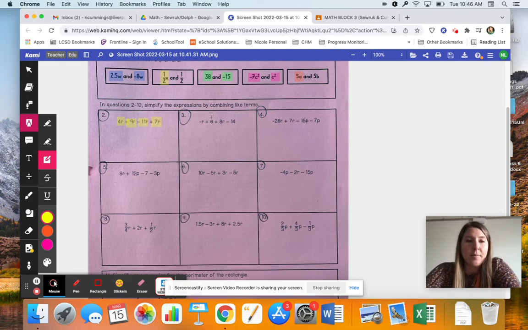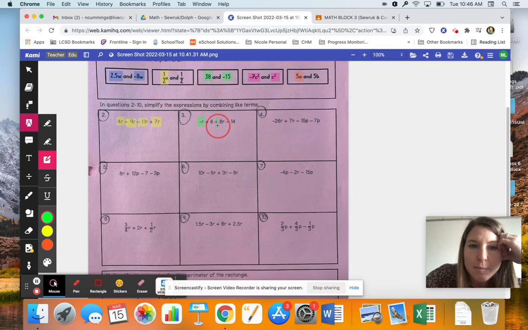I'm looking at number 3 now. I'm going to use a different highlighter color. I see that I have negative R plus 6 plus 8R minus 14. I'm going to go ahead and highlight that negative R or negative 1R. There's an invisible 1 in front of the R. Let's see if I have any other R's. Oh yeah, I do. I have a positive 8R.